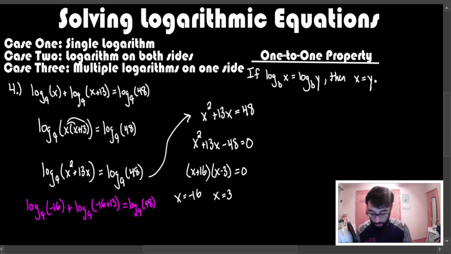Now, notice not only is one of these arguments negative, actually two of them are. We can't have that. The definition of a logarithm states that the argument must be a positive non-zero number. So that means negative 16 is actually not a solution. It's what we call an extraneous solution.